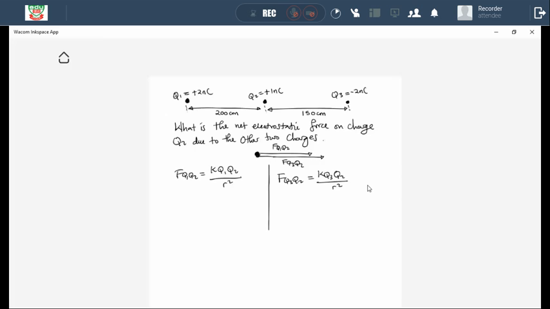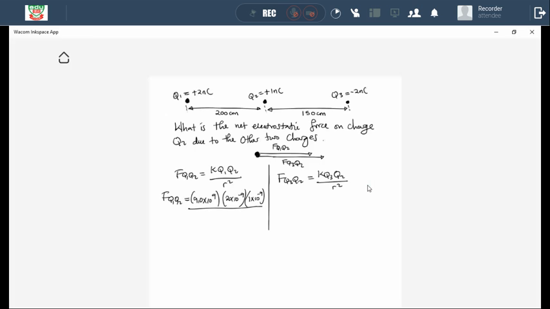Let's do the substitution together. FQ1,Q2 is equal to, our K is 9.0 times 10 to the power 9. You close. Our Q1 is 2 times 10 to the power negative 9. We have been dealing with nanocoulombs for a long time now, so that one is much easier. So charge number 2 is 1 times 10 to the power minus 9. You close everything over.